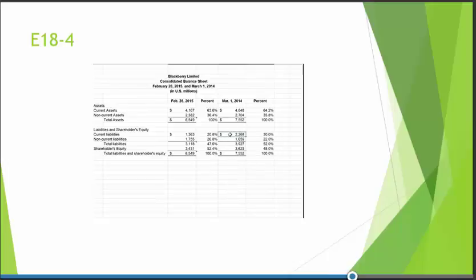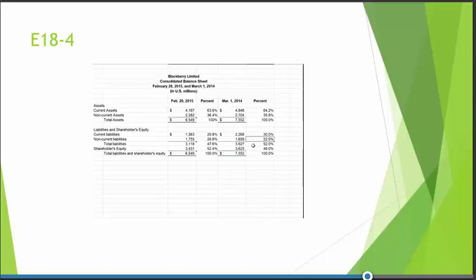2,268 divided by the base, which would be total liabilities and shareholders' equity of 7,552, gives me 30%. My non-current liabilities are 1,659 divided by 7,552, which is 22%.